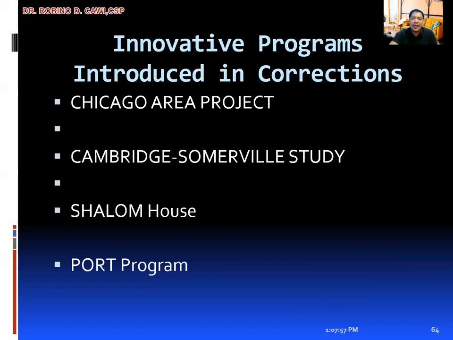And then a study was conducted, and it is actually the Cambridge Somerville study. The idea of the Cambridge Somerville study is to test the effectiveness of individual counseling with delinquent boys with a higher tendency of becoming criminals.